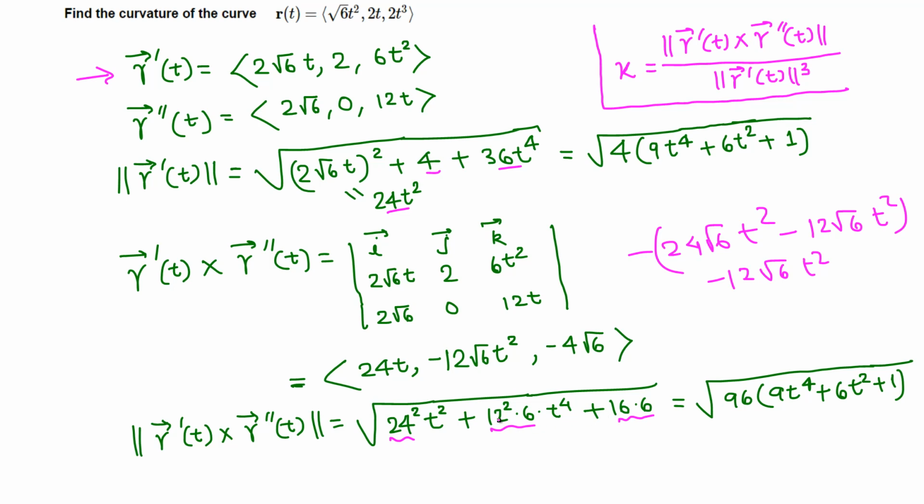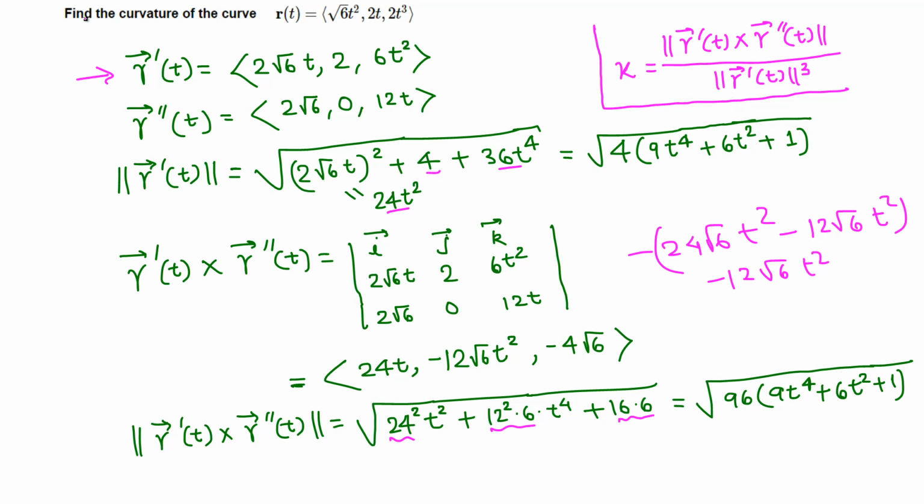Dividing 12 squared times 6 by 96 gives 9, and here plus 6t squared, plus 1. Look at the top here, we have the same thing as on the bottom. This goes on the top, this goes on the bottom, so we can cancel, but we don't have to.